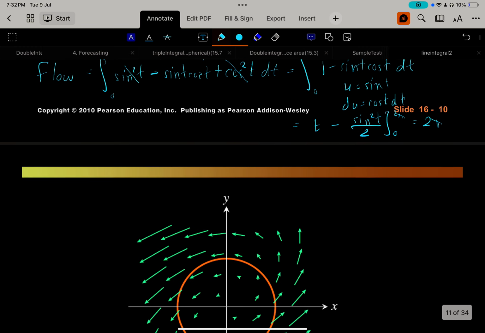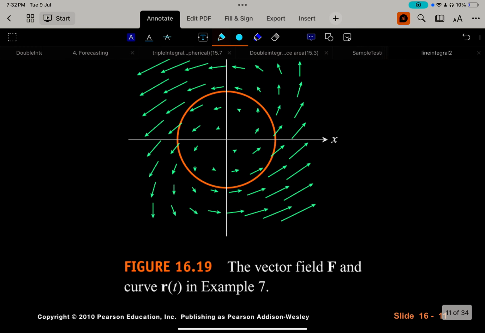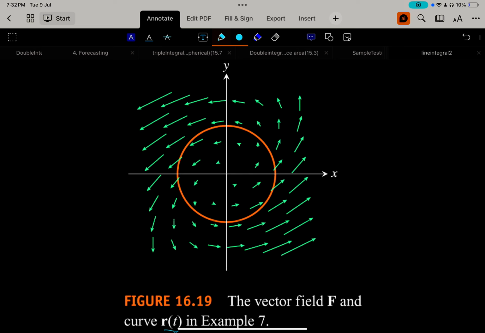Okay, now as you can see this is a vector field along the curve r of t.